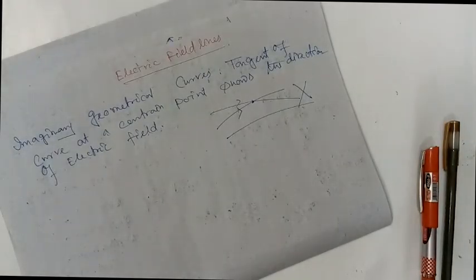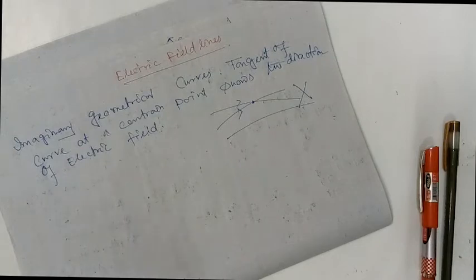If they are closer, the strength of the electric field is more. They are always normal to the surface of a conductor.